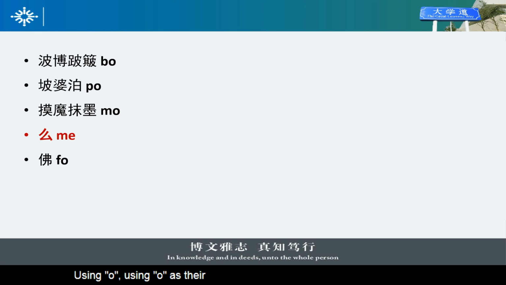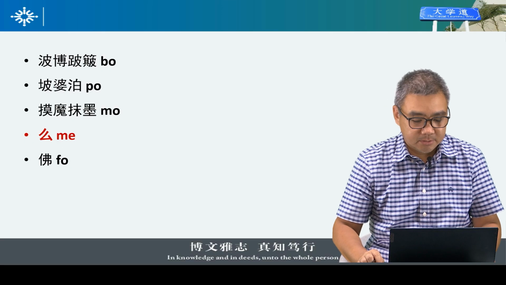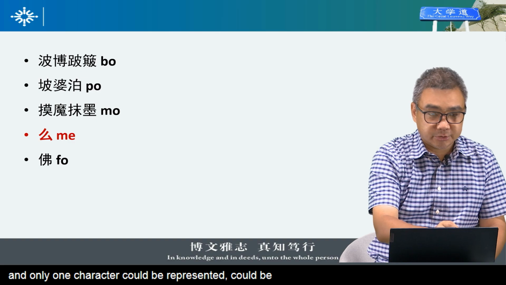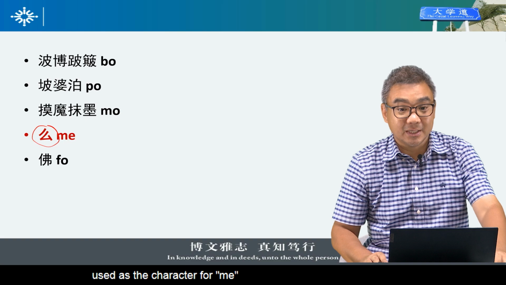Using o as the nuclear vowel, bo, po, mo, fo. It is typical for parallel matching to labial consonants, right? Bo, po, mo, and fo, right? Labial, labiodental, but we still have m, and only one character could be used as the character for m, right?